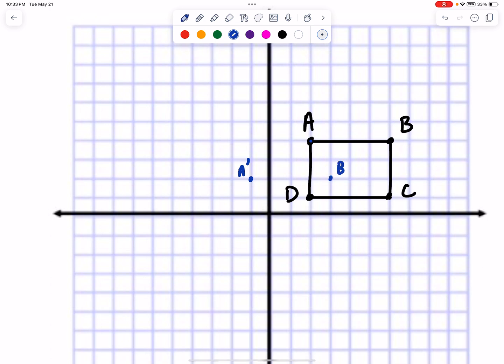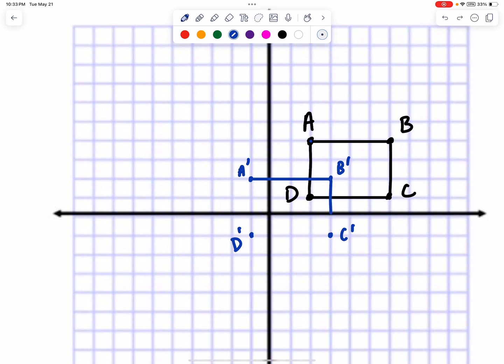Here's B prime. 3 left, 1, 2, 3, 2 down. C prime. And 3 left, 1, 2, 3, 2 down. And D prime. Okay, so this is your first example of seeing the use of prime and double prime, because we're actually moving it twice.